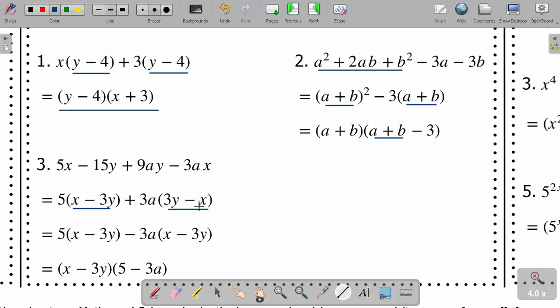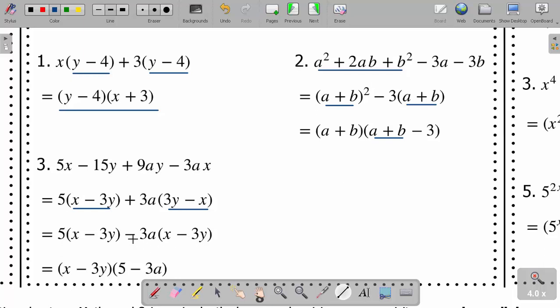But before I take out a common factor, I can see that to make these two the same, I take out a negative 1 here. If I take out a negative 1, then in the brackets, instead of 3y minus x, I now have x minus 3y.